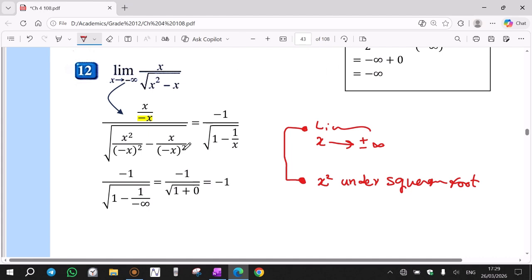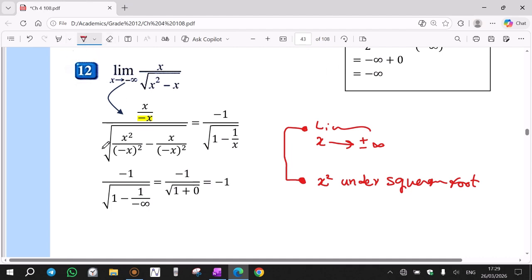Why did we make these squared? Since we sent x inside a radical, the x becomes power 2 to not lose value. Whenever you want to divide everything by x and there is a radical, inside the radical we have to divide by x squared to keep the value.